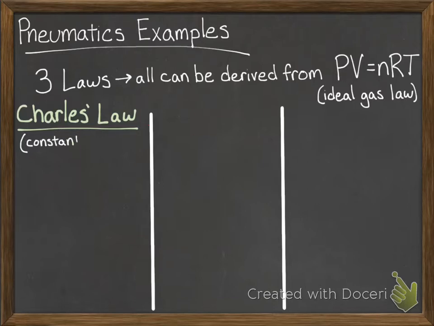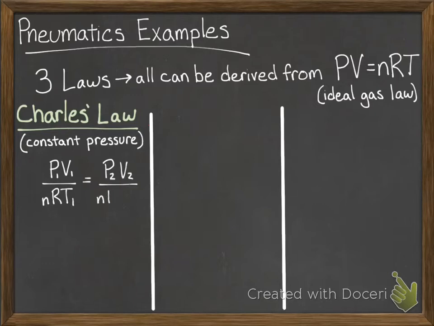So the first one is Charles' law, and this deals with constant pressure. If we've got a container, and maybe we're changing the volume or the temperature, but the pressure stays the same, we can find out missing values by starting with what we had before. The number of molecules in the container is not going to change.